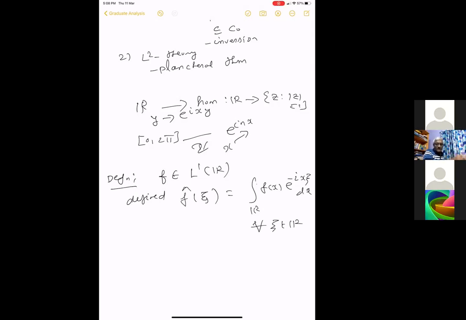Instead, if you have a function on the interval, then you define it at natural numbers. This is the discrete Fourier transform, the discrete version.